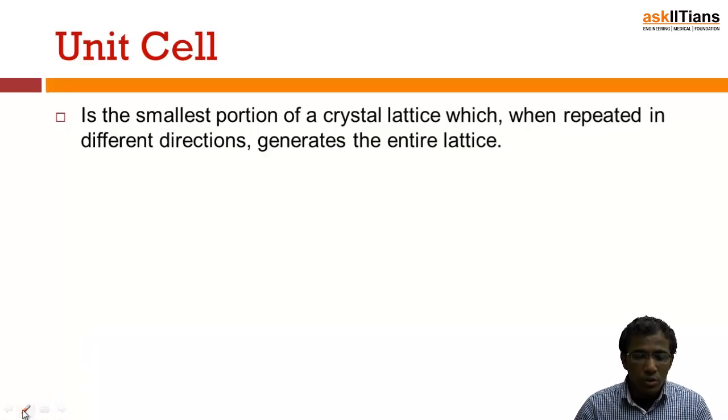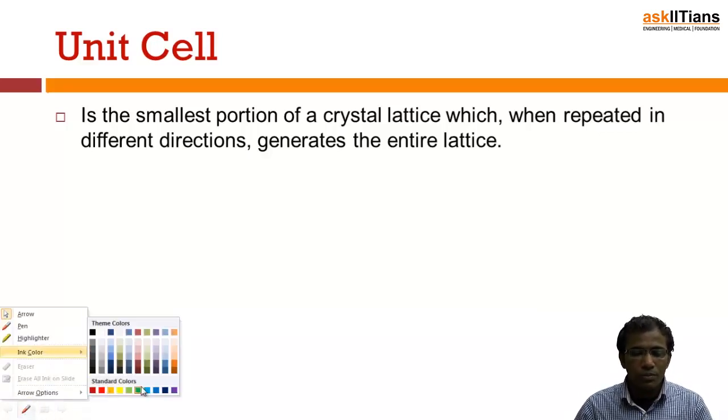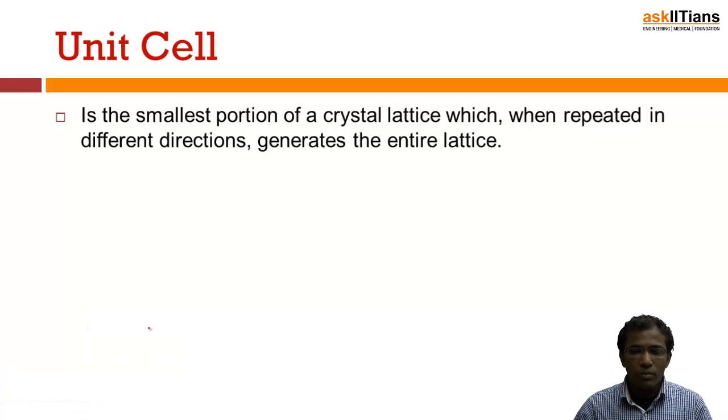One analogous example I will give you. If you take a wall, you know that wall is made up of bricks. If I take this as a brick, and we use a number of bricks, one over the other, one beside the other, to build a wall, we are using one more brick above this and beside this, and so on.